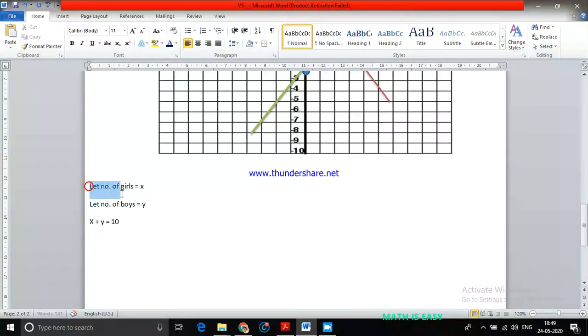If I don't mention this, and you write x plus y equals 10 in the exam, I don't know whether x is the number of boys or the number of girls. So first you mention what x represents and what y represents.